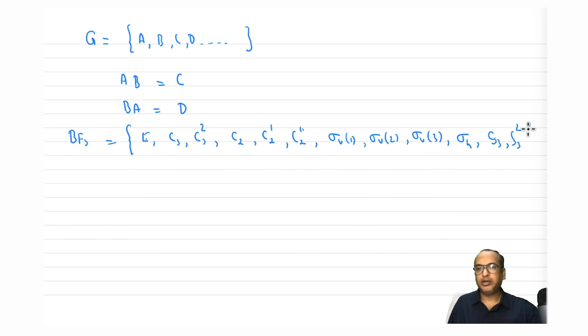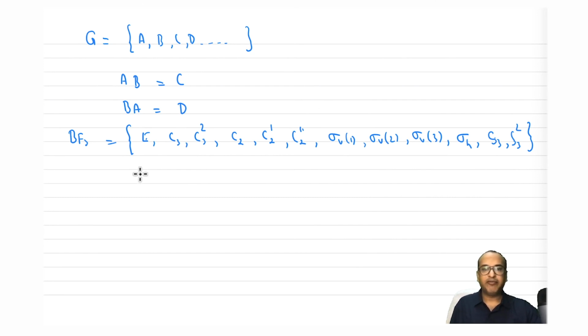This is a complete set of symmetry operations for this particular molecule. If we take the product of any two symmetry operations, it should give rise to a symmetry operation already present in this set. If it is not, then we must include that operation in the set, otherwise it will never be complete.